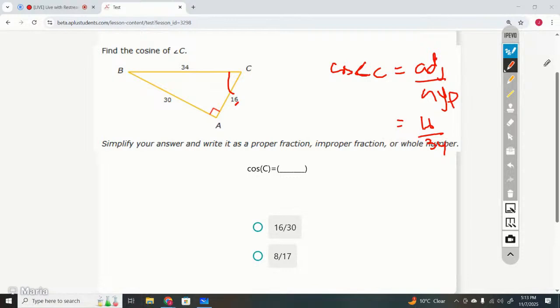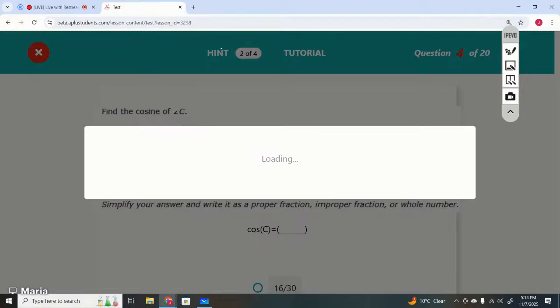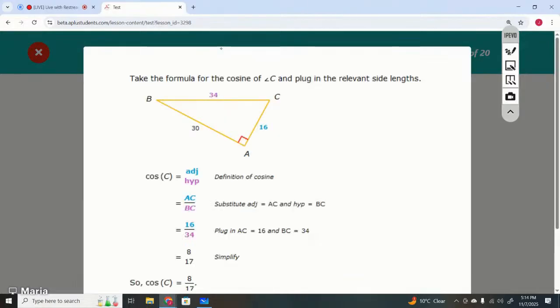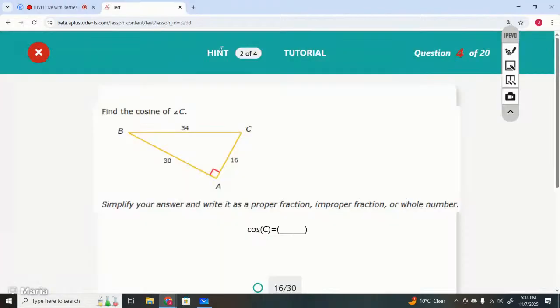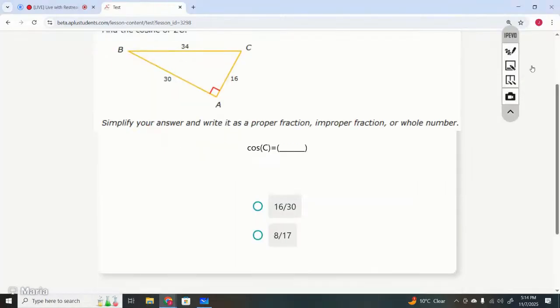Why not given the correct option? Oh, 16 by 34. You can simplify the answer. I haven't simplified, right? 8 by 17 it is. The correct option is 8 over 17.